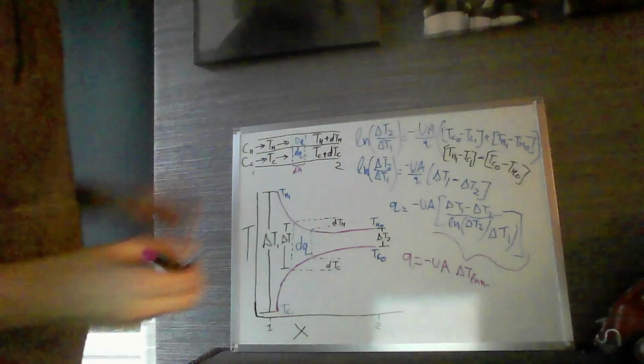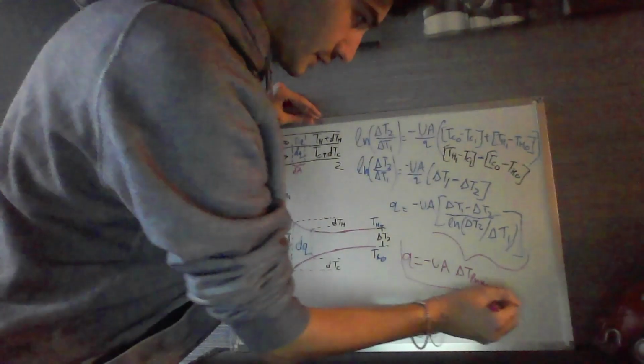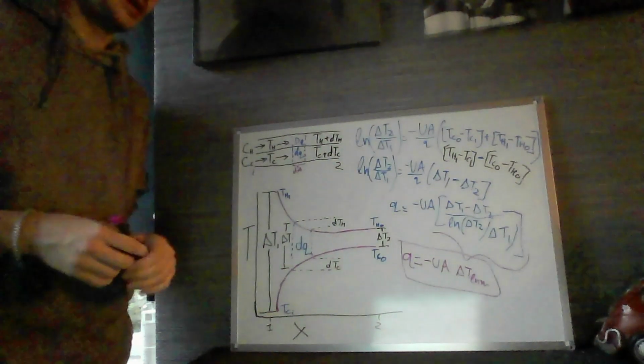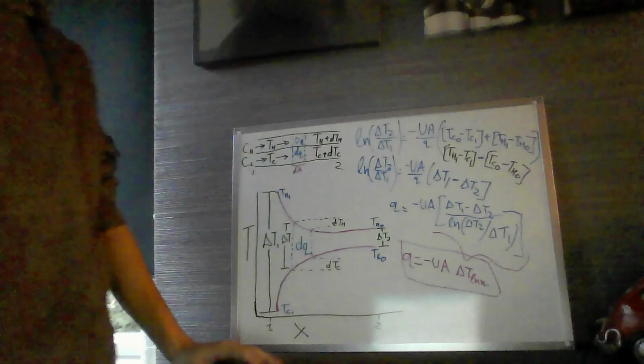So our overall expression for Q turns into negative UA, and this becomes the delta T log mean, which is how it gets denoted. But there is our expression.